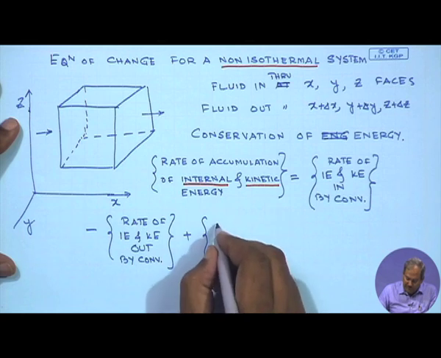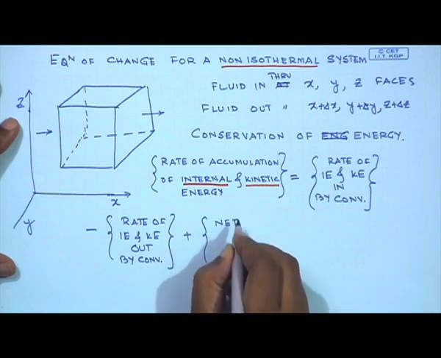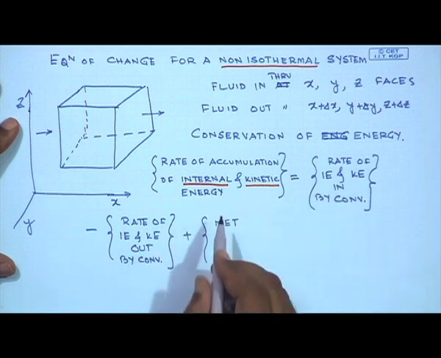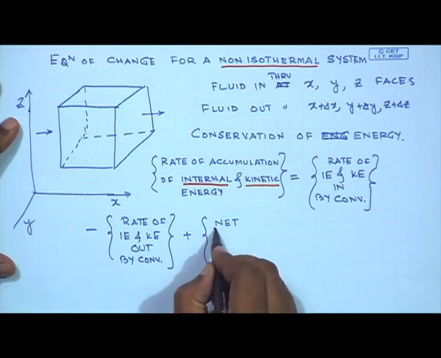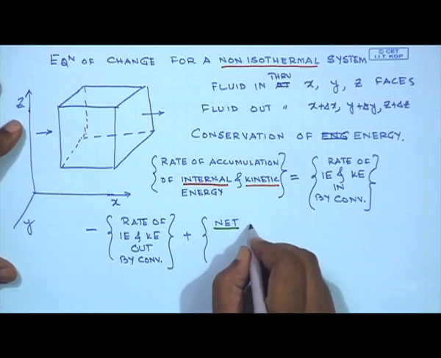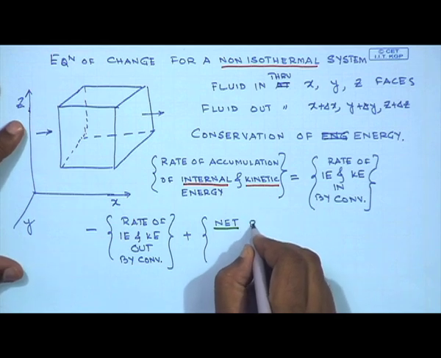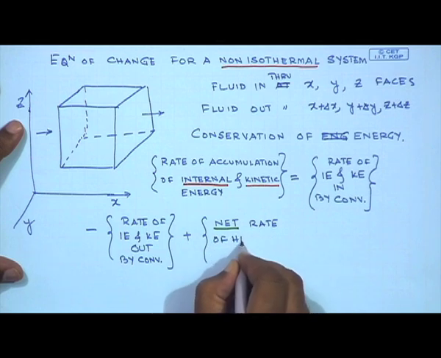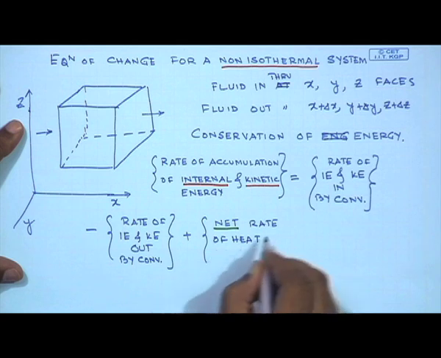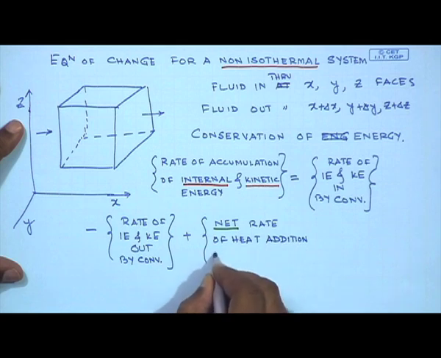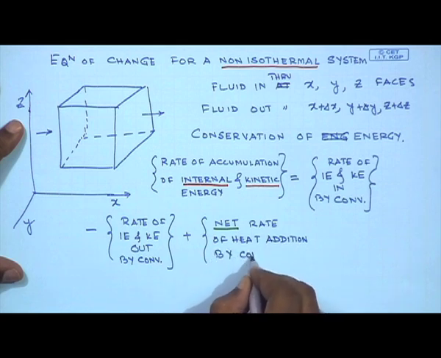Then I can do the same thing here for the conduction, and in the case of conduction I am not breaking it into two parts. I am simply using the word net, which essentially tells me it's the difference between in and out. So, the net rate of heat addition by conduction.